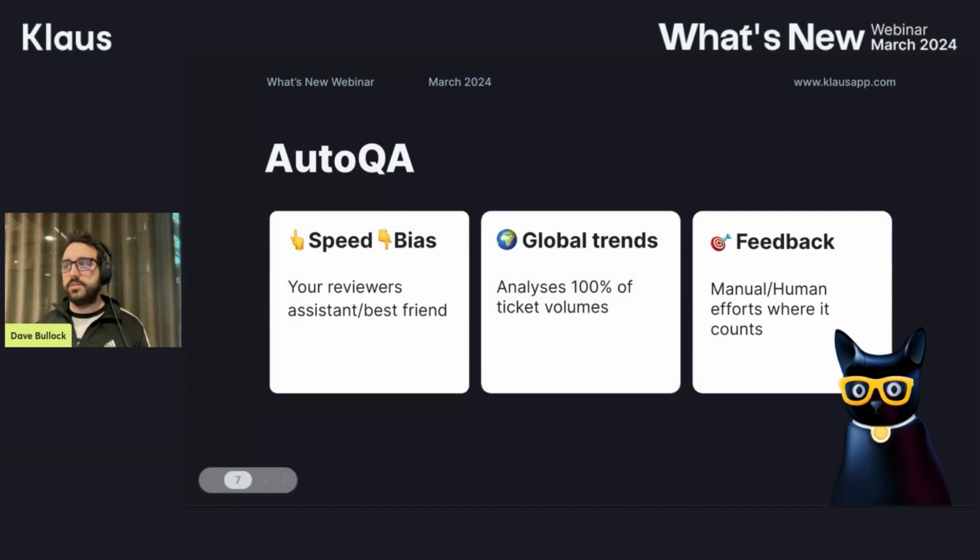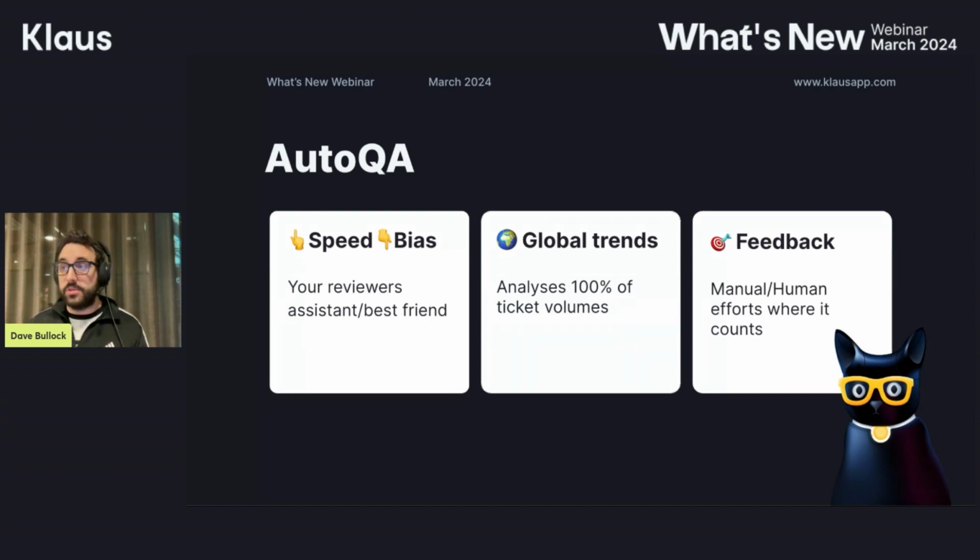But it'll also analyze 100% of your tickets, which again ensures that value, gives you visibility where you otherwise wouldn't have it, because you can track trends that you otherwise wouldn't see. And then you also get the valuable feedback from having the manual human touch, where your quality agents step in and do that additional review on top of what AutoQA is doing to really give the human value.